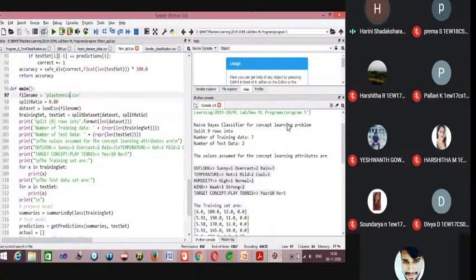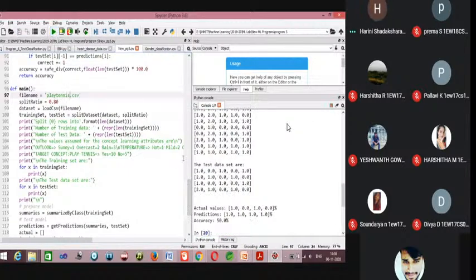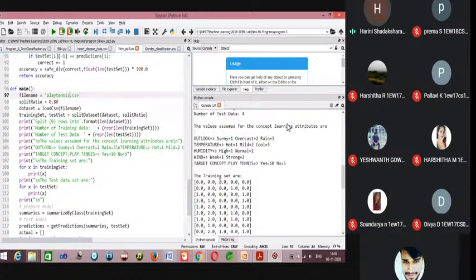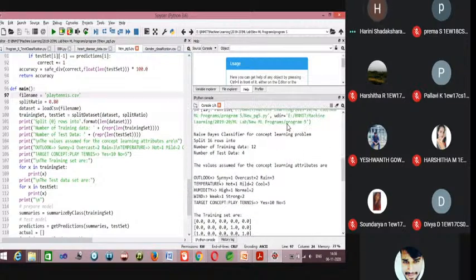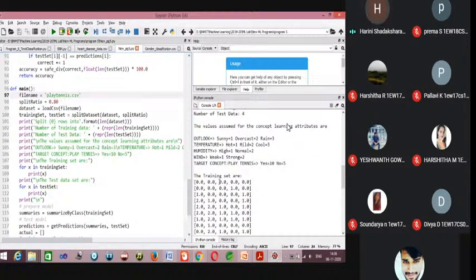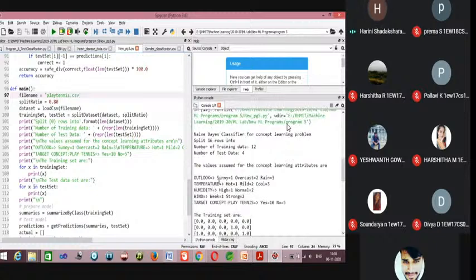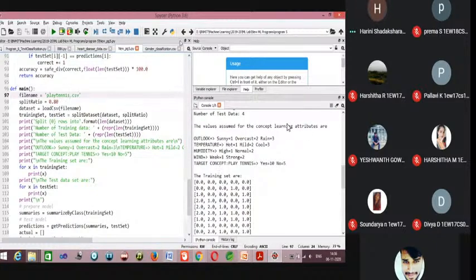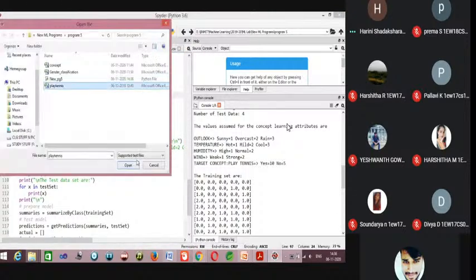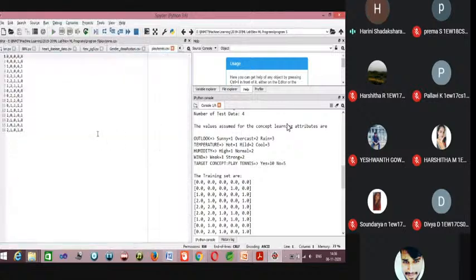The same 010101 example that we have taken in your ID3 algorithm, the same example you can also give as the input, just the dataset name. That dataset I also have. You can give a different dataset.